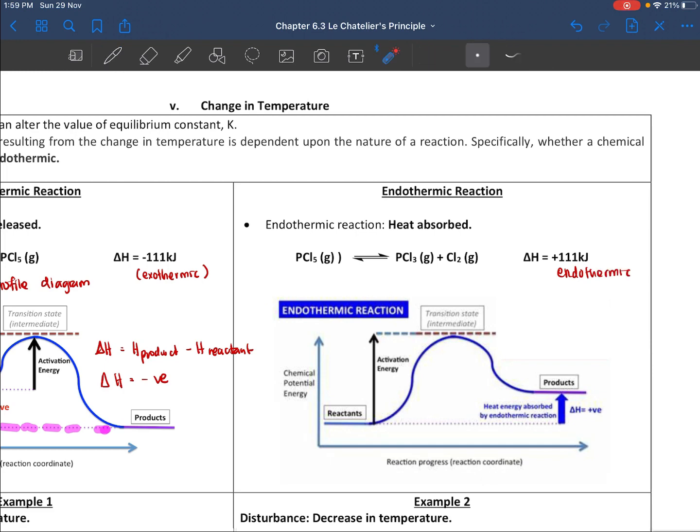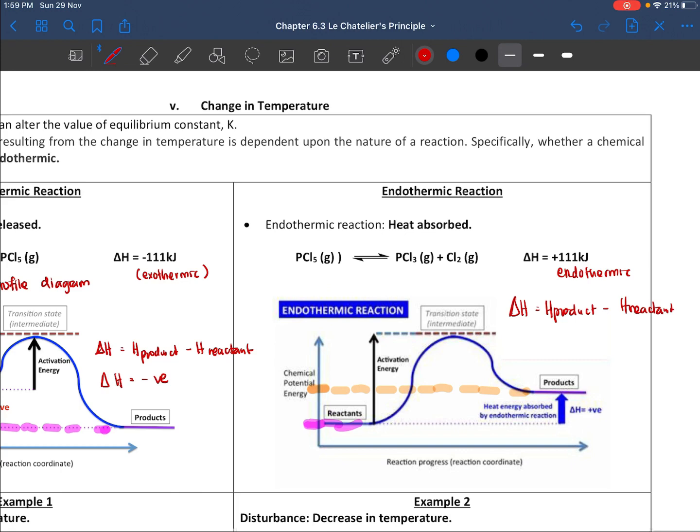Sebab kalau kita tengok dekat dia punya nilai entalpi produk dia, okay, higher than entalpi reactant dia. Okay, so kan tadi saya dah cakap dekat kamu, nak cari delta H kita ambil entalpi produk minus entalpi reactant.